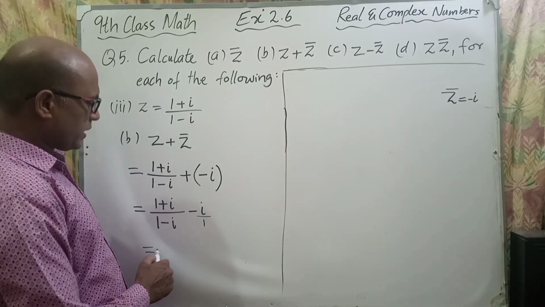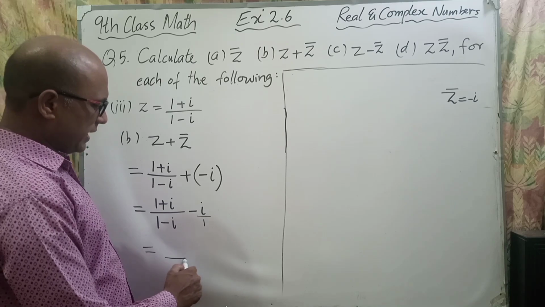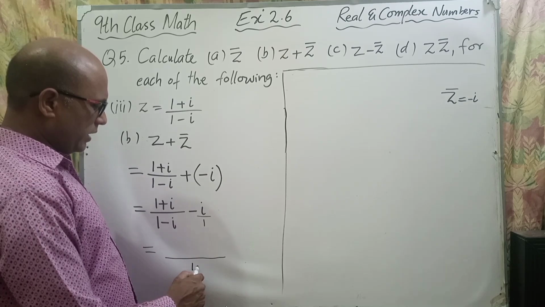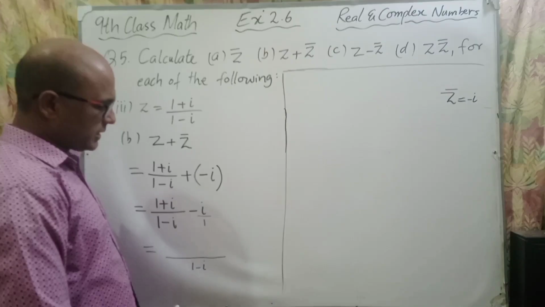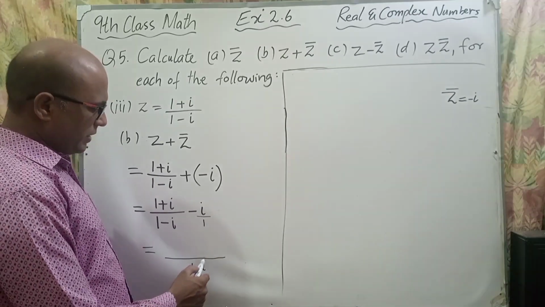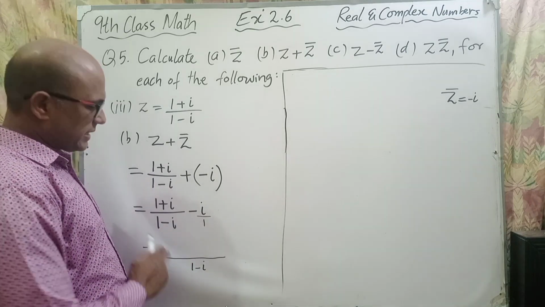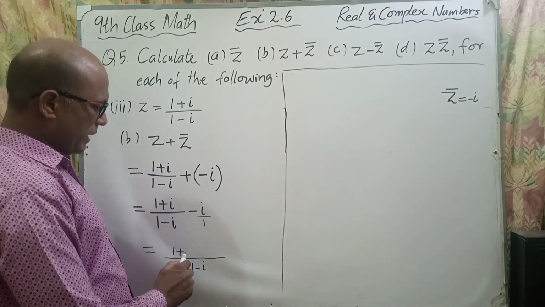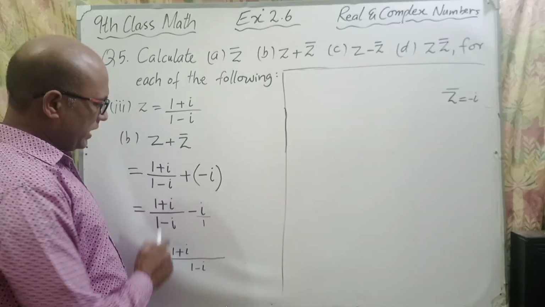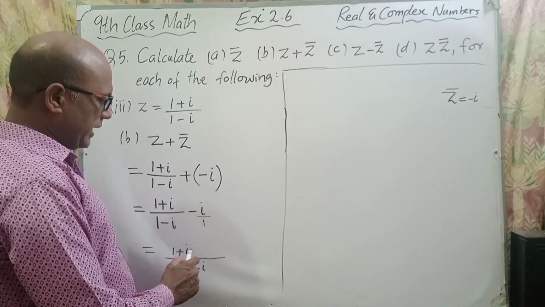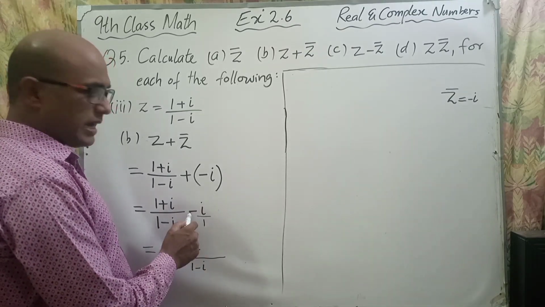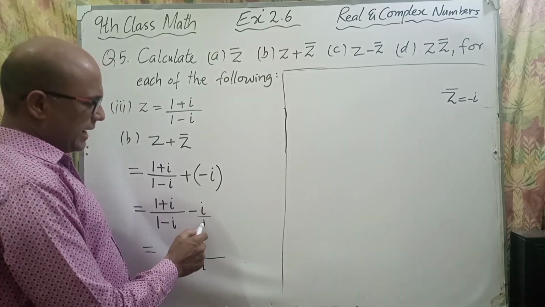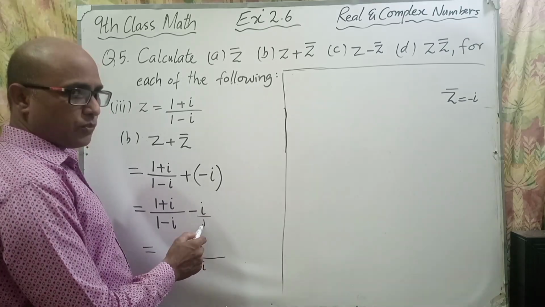So putting an equal sign again, the only denominator we have got, 1 minus iota, will be the LCM, and the LCM is cancelled by the denominator, and 1 plus iota will be written in the numerator, and the minus sign is between these two brackets. It will be written here as there is no denominator except 1.